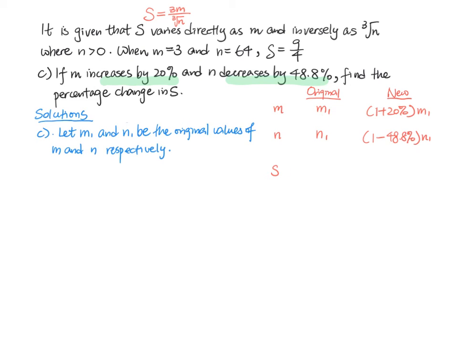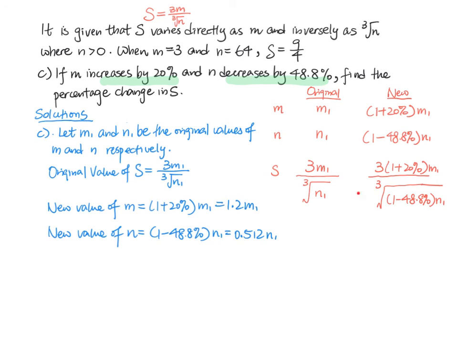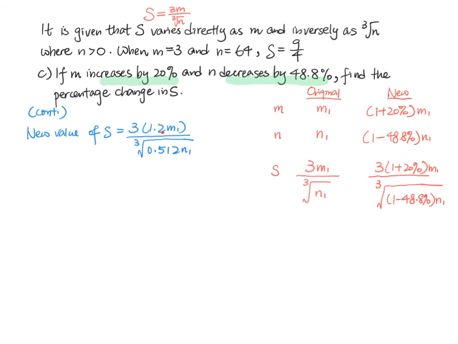I just put the original numbers here like that, and for the new one it's also in this format, except the M1 is the new M value, and so is the new N value. And of course, this table is for our own work. When we answer the question, we need to answer these. Here's the new value for S, and I'm going to write it here.